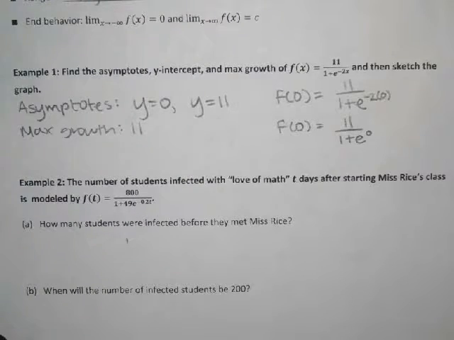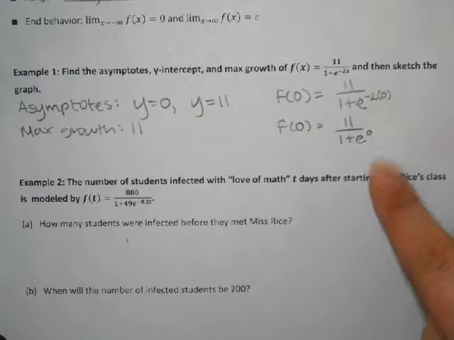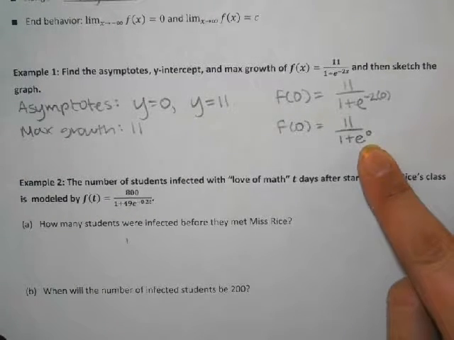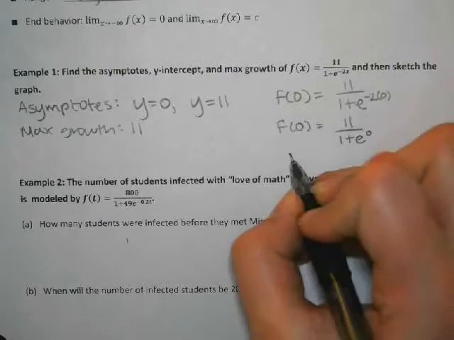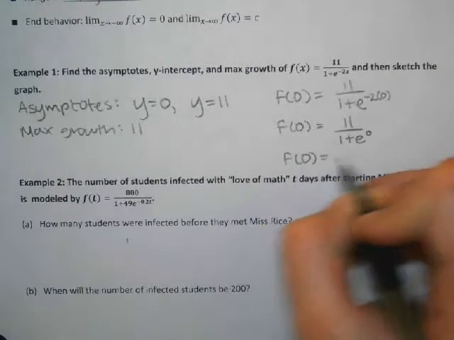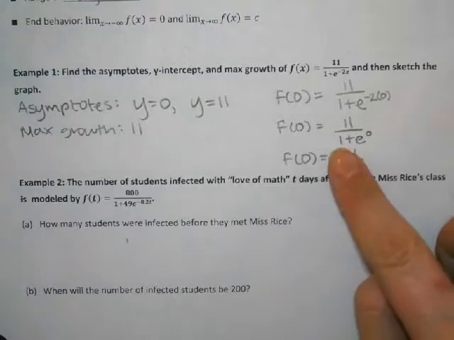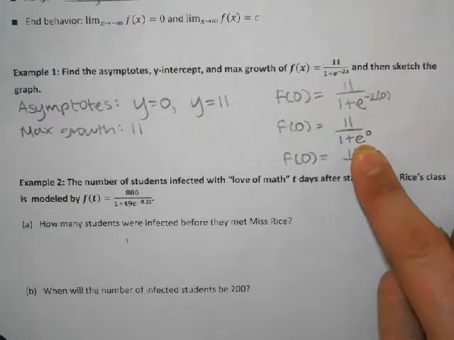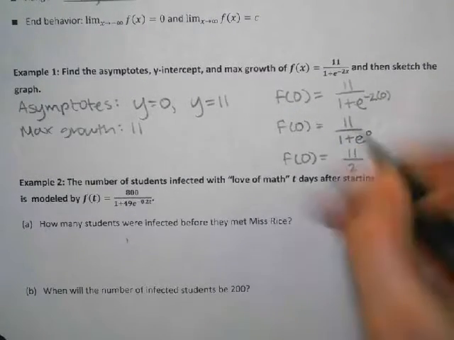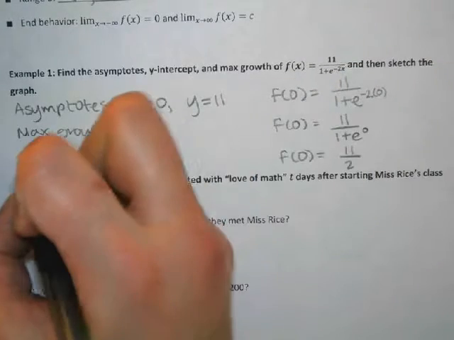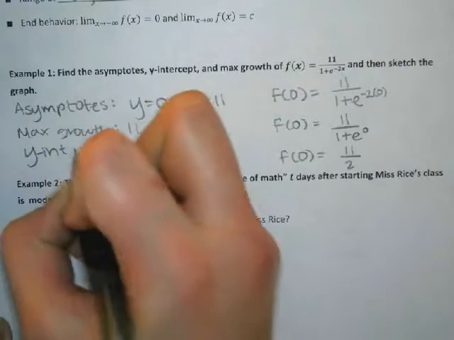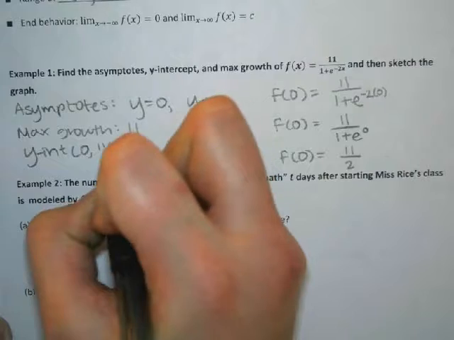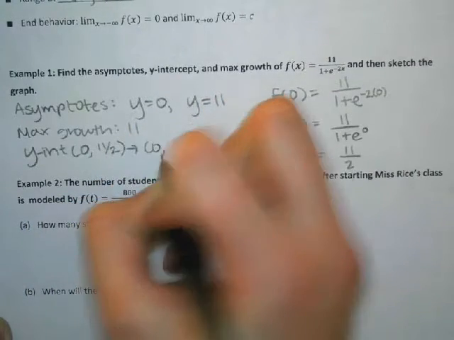Negative 2 times 0 is just 0. What is anything to the 0 power? 1. Okay, so what we really have is f of 0 is 11 divided by 1 plus 1, which is 2. So our y-intercept is the point 0, 11 halves, or if you want to think in terms of decimals, 0, 5.5.